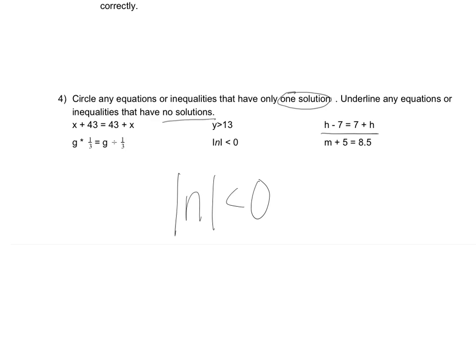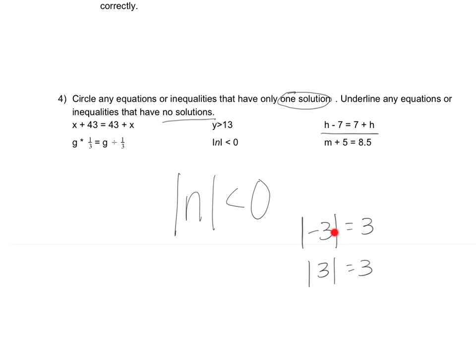So I need to think to myself, when I take the absolute value, what will my number answer always be? For example, if I find the absolute value of -3, that would be 3. If I find the absolute value of +3, the answer is 3.